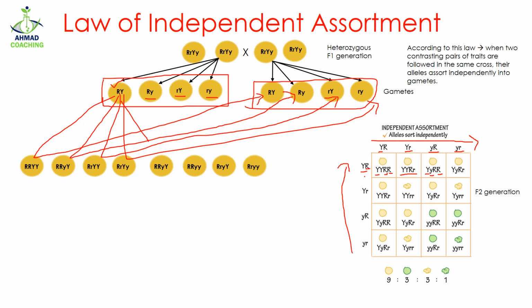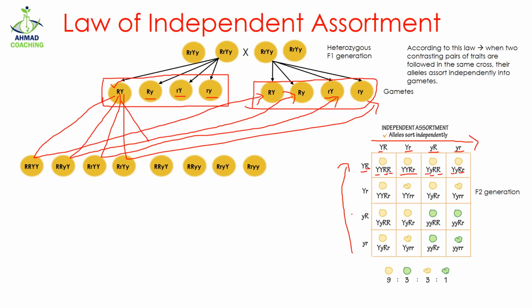Similarly, this gamete can also fuse with this one. So we will have capital Y from here, small y from here, capital R from here, and small r from here. Similarly, the second gamete will fuse with all these four gametes like this. The third gamete will fuse with all these gametes, and then the fourth one will also fuse with these four gametes, and we will have the genotype.